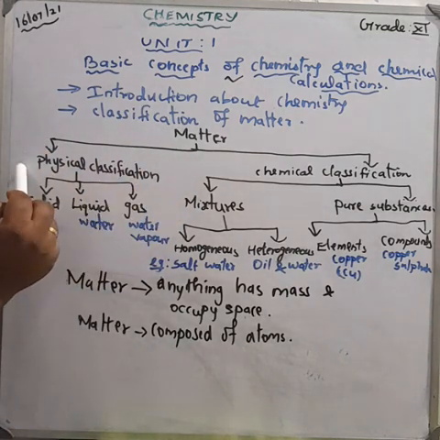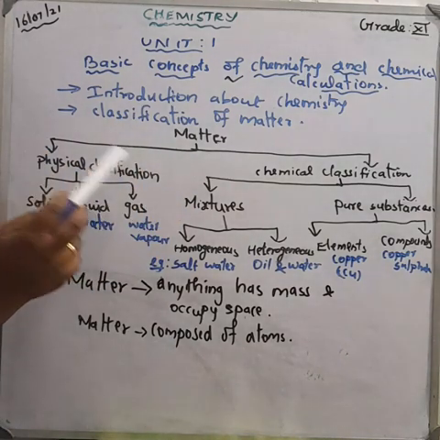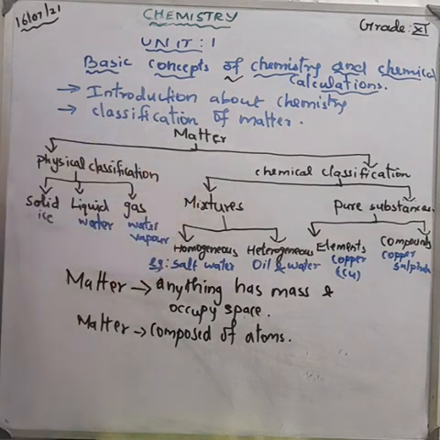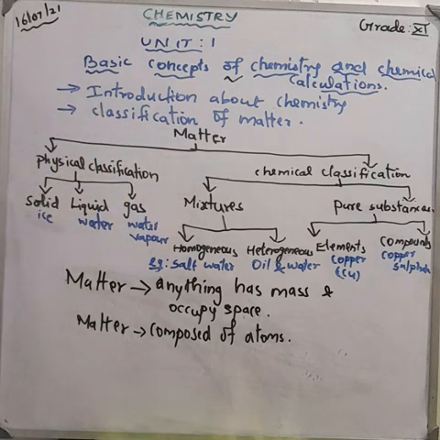What are the types? First, physical classification. Second, chemical classification. So matter can be classified into two types: physical classification and chemical classification.